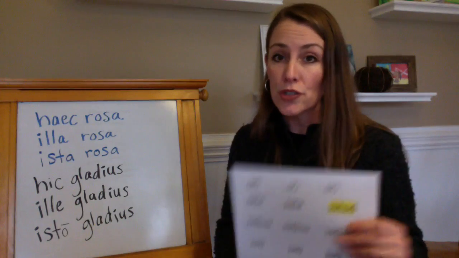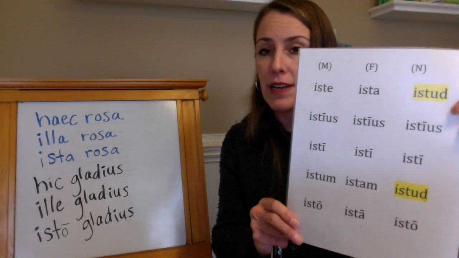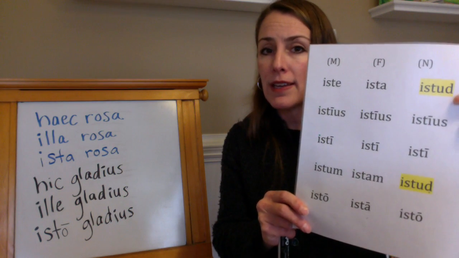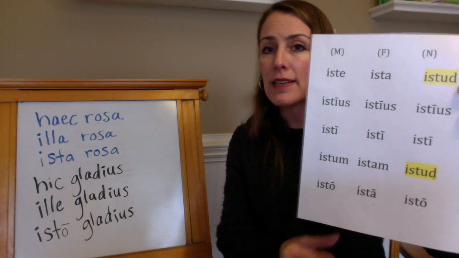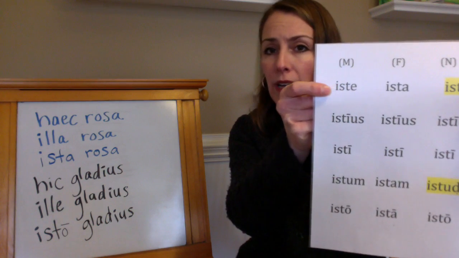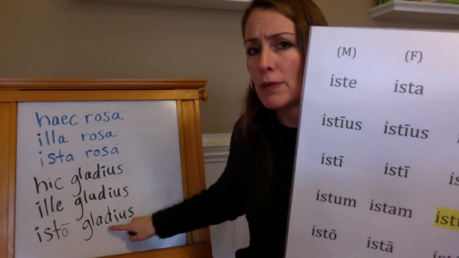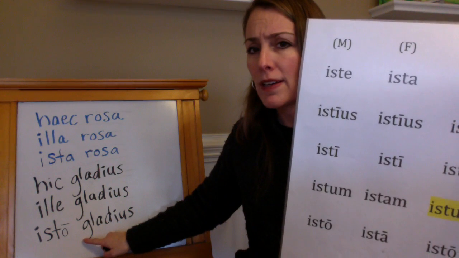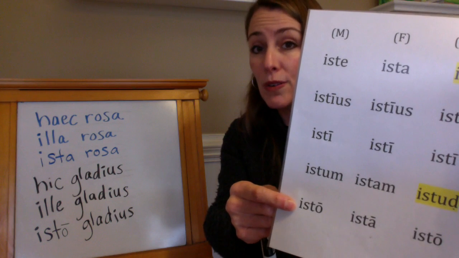If you want to use your chart, you can pull it up. And so here's my chart for iste, ista, istud. And you can see that I'm matching gladius, masculine, singular, nominative. Can you see that? Did I get it right? Look at my board. Any problem? Oh, it actually shouldn't be isto, right?